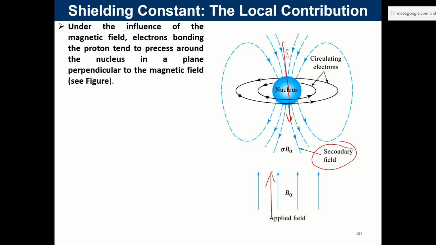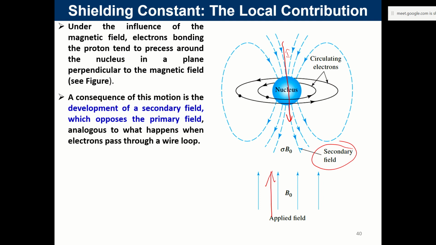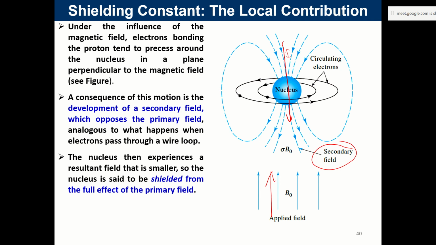So it tends to oppose the field that is created by the applied magnetic field, and the nucleus will not be able to feel the full effect of the applied field.